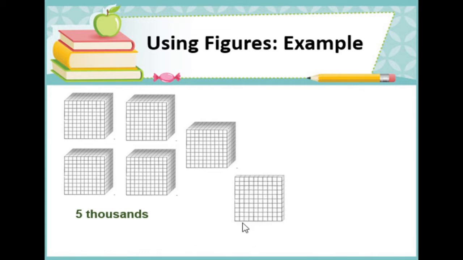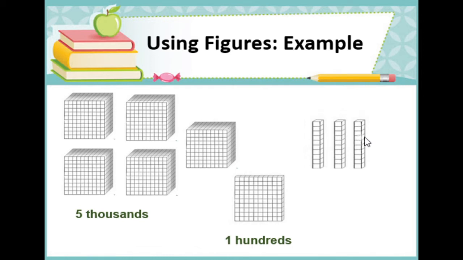Let's have this flat. How many flat? You have 1. So you say 100s because again, the flat one represents 100. Whereas this one big cube represents 1,000. So you already have here 5,000s, 100s, and let's see how many tens are here. 1, 2, 3.